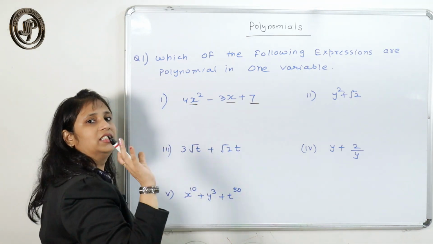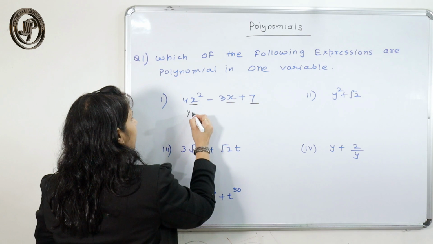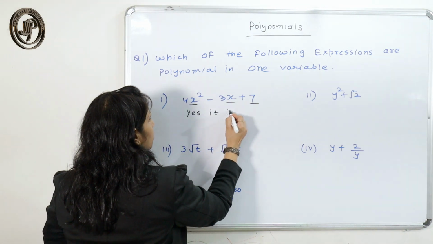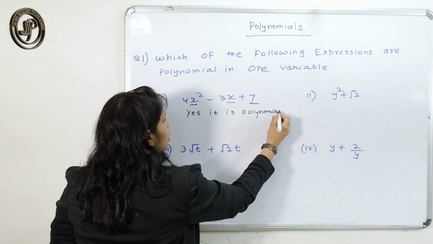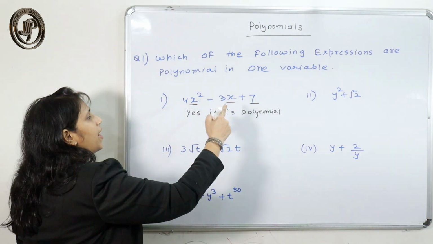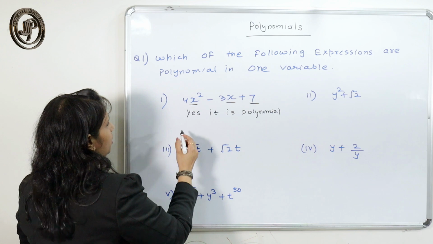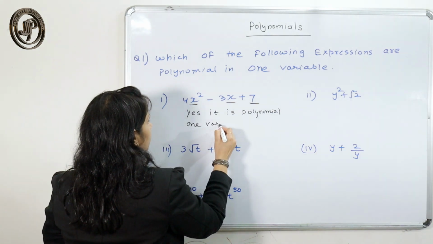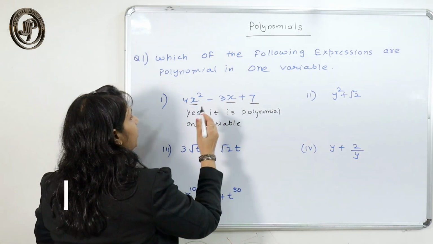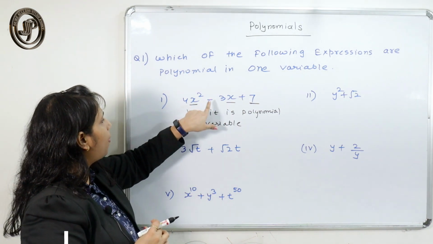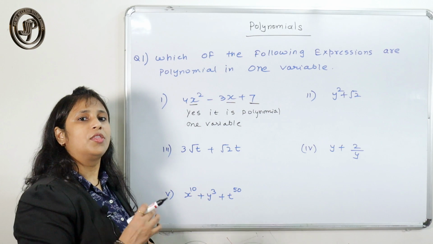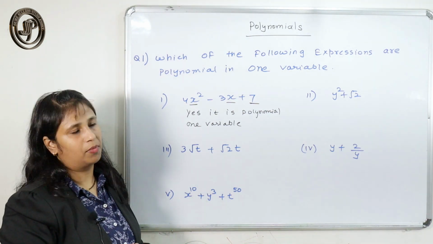So the power is a whole number. So yes, it is a polynomial. How many variables does it contain? It contains one variable. It is a polynomial because the power of each term is a whole number.